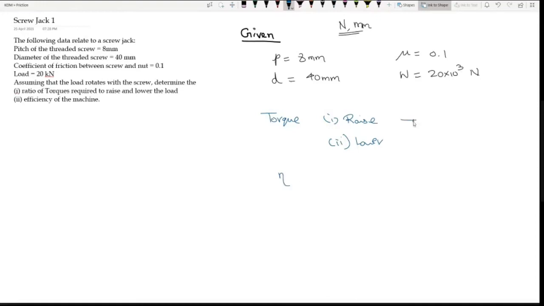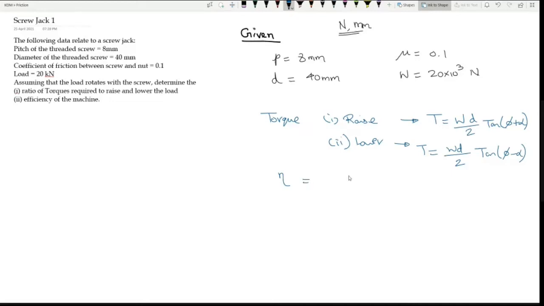T is equal to W into d by 2 into tan of phi plus alpha. To lower, T is equal to W d by 2 into tan of phi minus alpha. This is the formula related to torque.